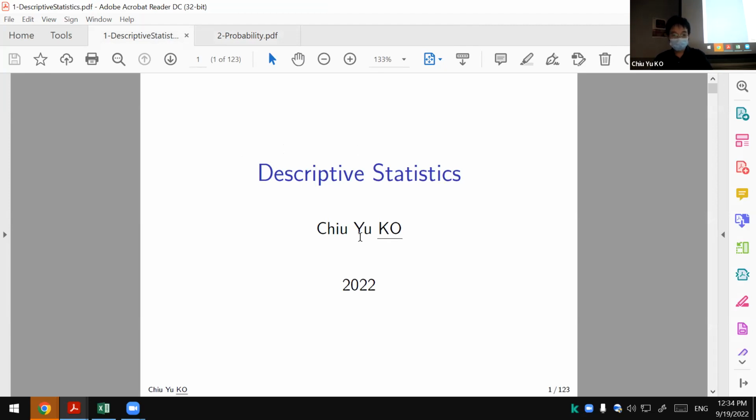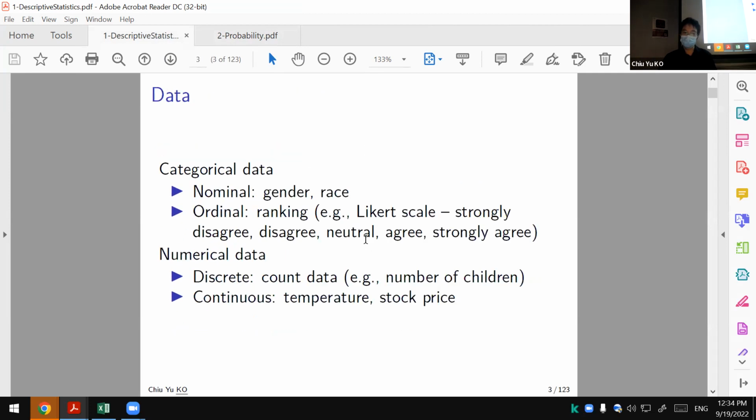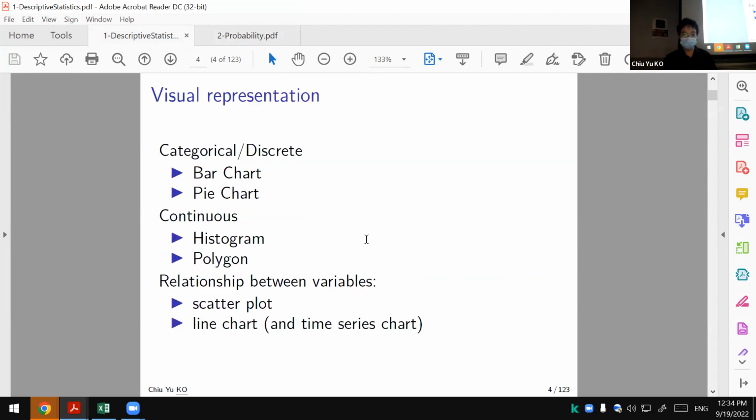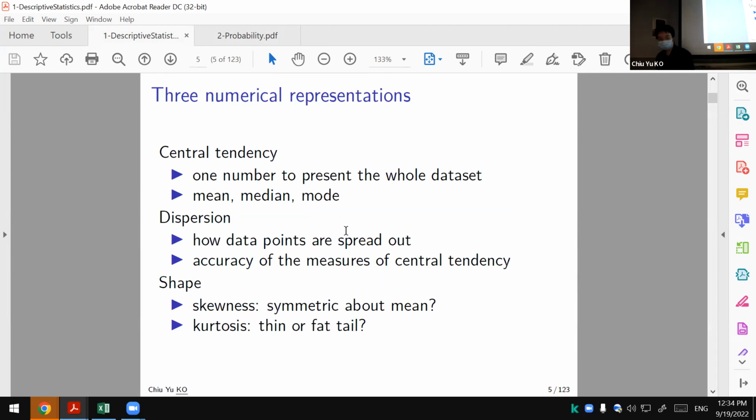Okay, so just a very brief review of what we have done. I guess we don't need to review what data is and so on. This slide would be sufficient for review purposes.